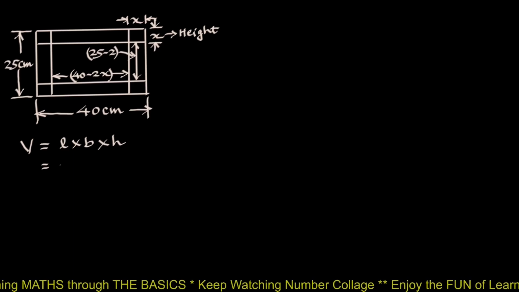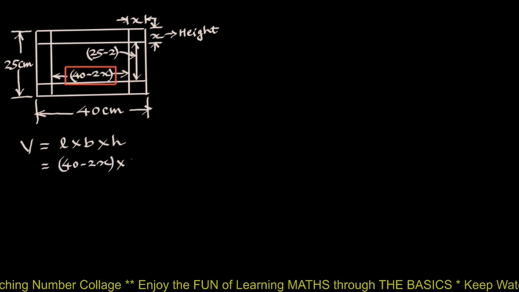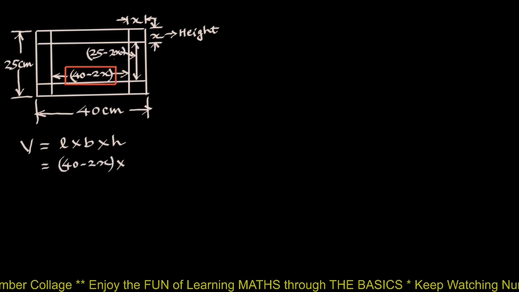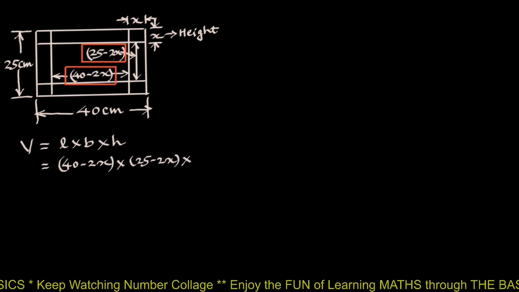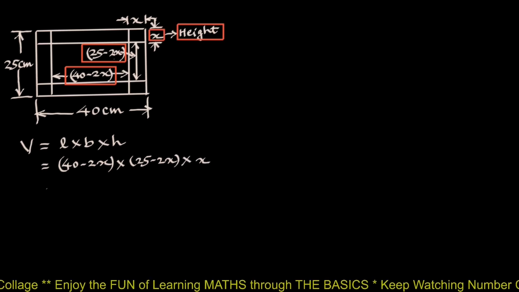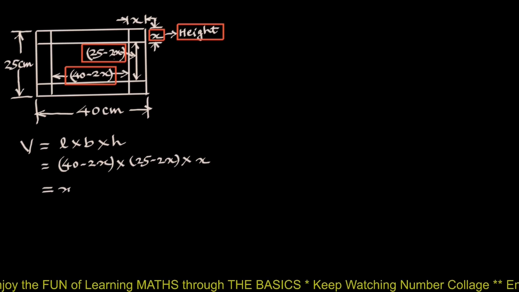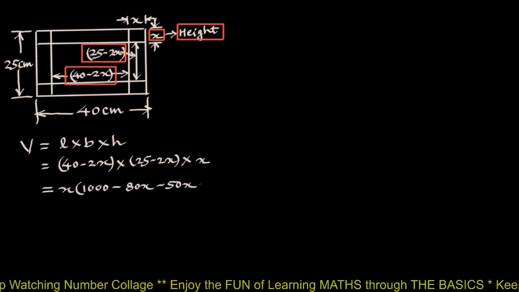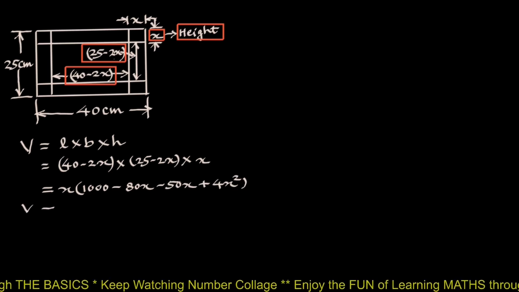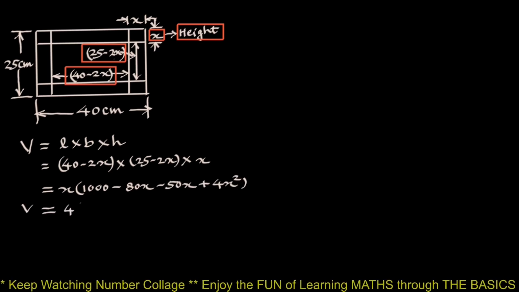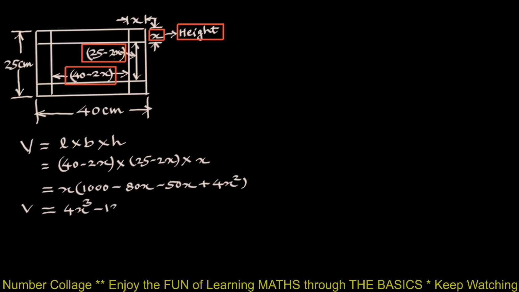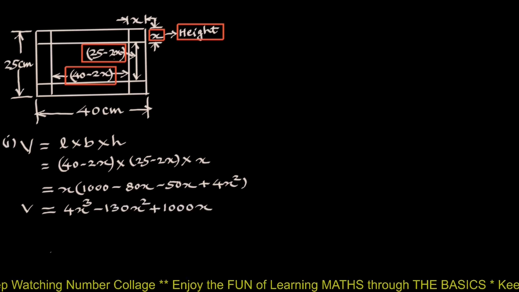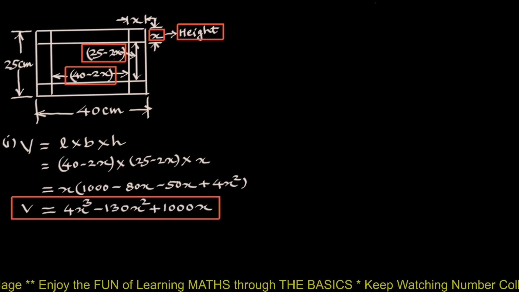Its length is 40 minus 2x, breadth is 25 minus 2x, into height x. Expanding, this will be x into (1000 minus 80x minus 50x plus 4x square), and the volume in terms of x will be 4x cube minus 130x square plus 1000x. So this is answer 1.